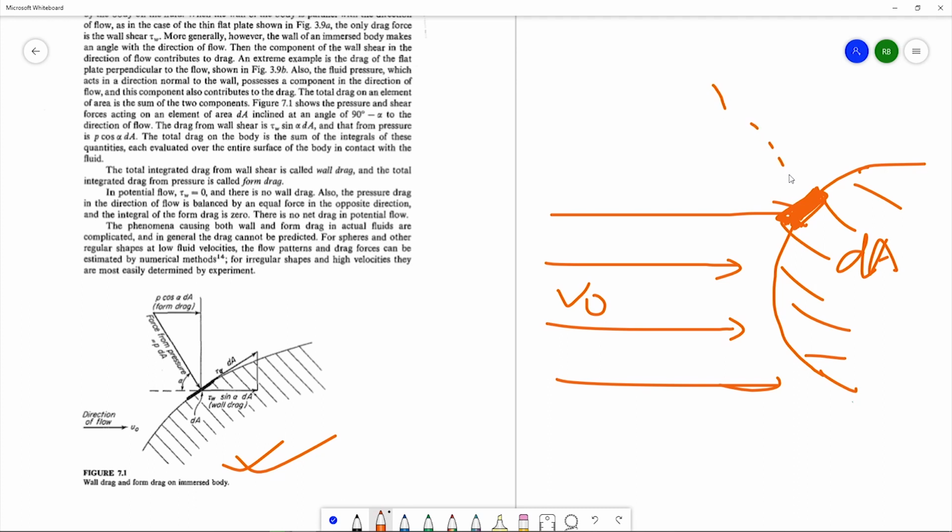This direction, right? If you want to find the normal to any surface, you have to consider 90 degrees to that surface. This is a curved surface, so 90 degrees will be here. If you draw a tangent and you draw a perpendicular to this tangent, this is your normal direction, right?